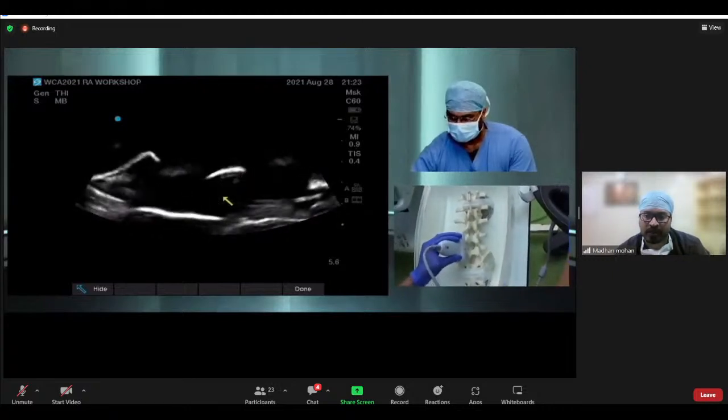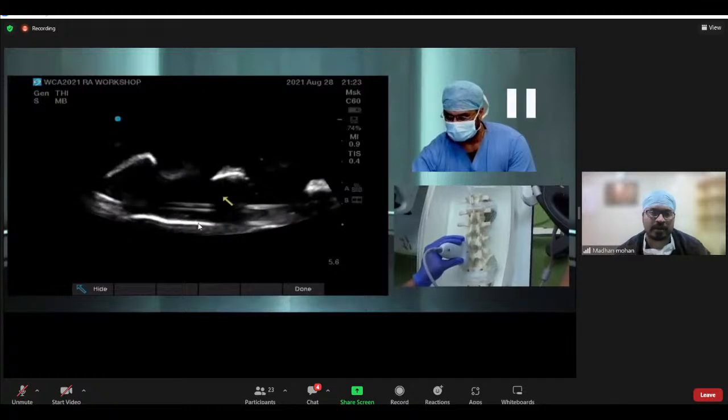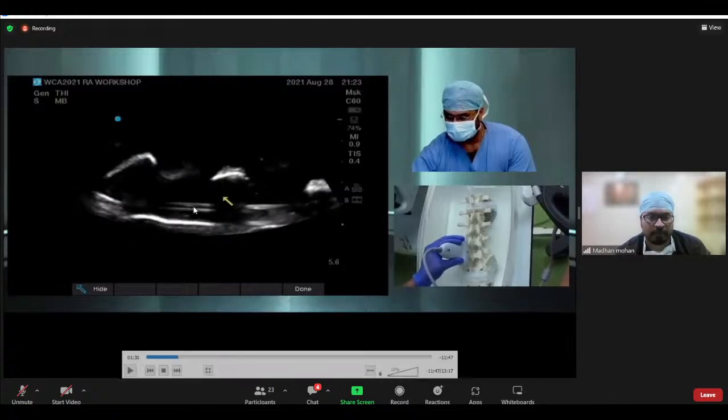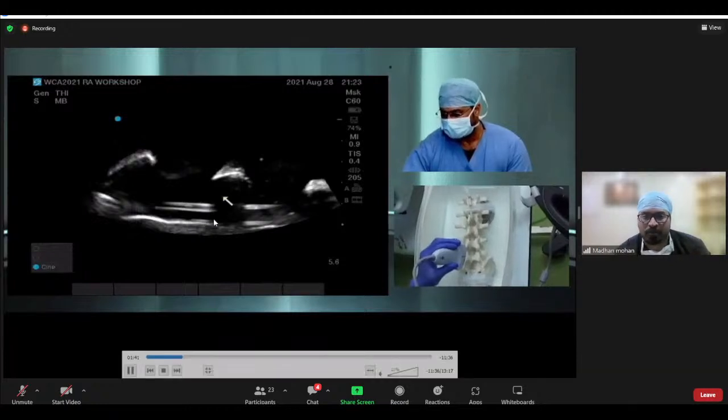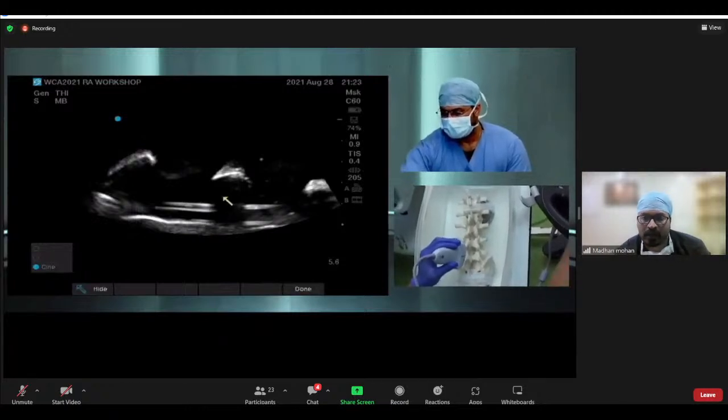Which I am doing now, and you can see the vertebral canal contents much better than the previous view. Now we see a large window of echoes hitting the vertebral canal contents. Here you can see the complexes very well. This is the posterior complex and this is the anterior complex. Clear?